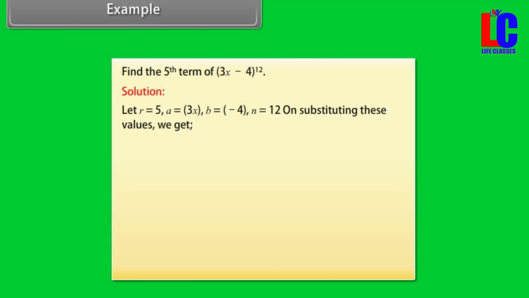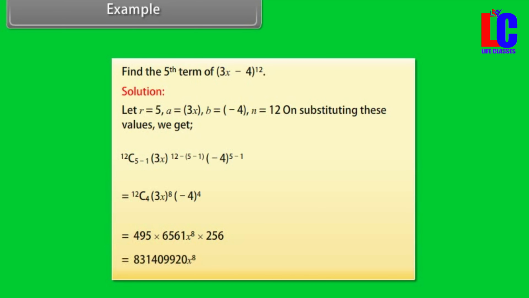On substituting these values, we get 12C(5−1) into (3x) raised to the power 12 minus (5−1) into (−4) raised to the power 5 minus 1, which is 31409920 into x raised to power 8.